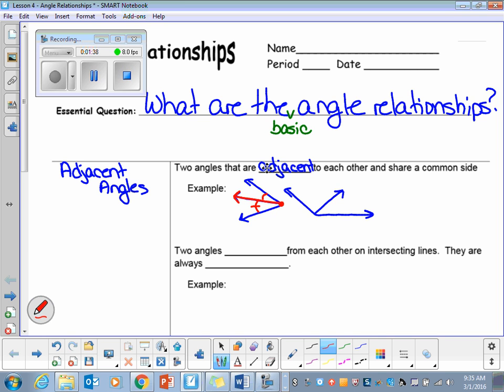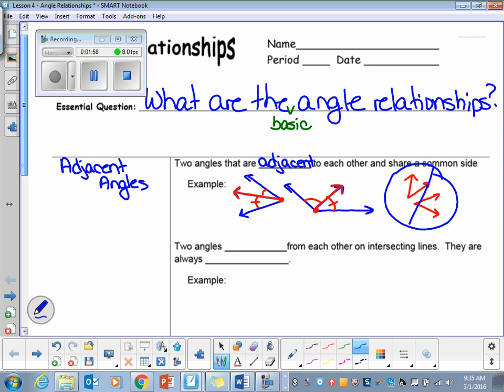Okay, these angles, this one and this one, are adjacent. They share a vertex and a common side. This one and this one are not adjacent. They do not share a common vertex and side. So that's a non-example of adjacent angles.